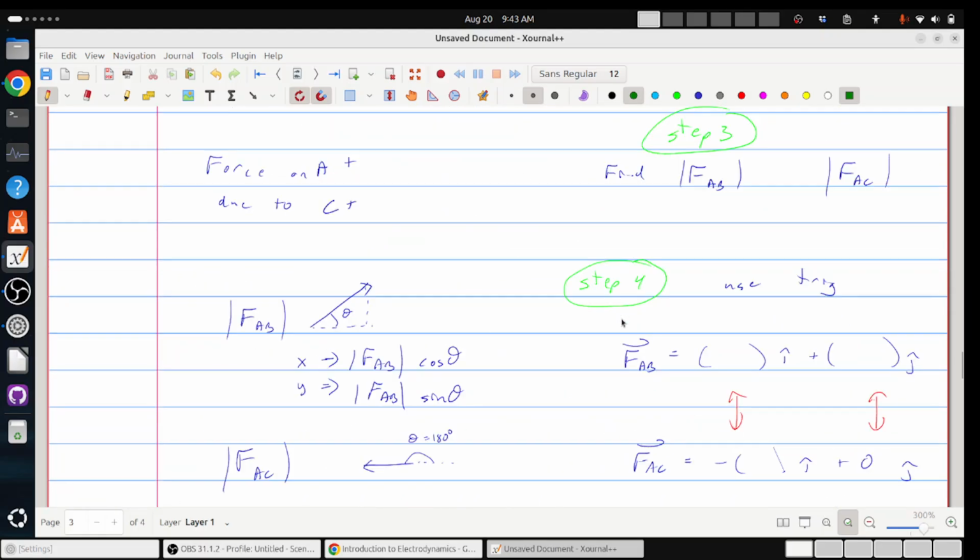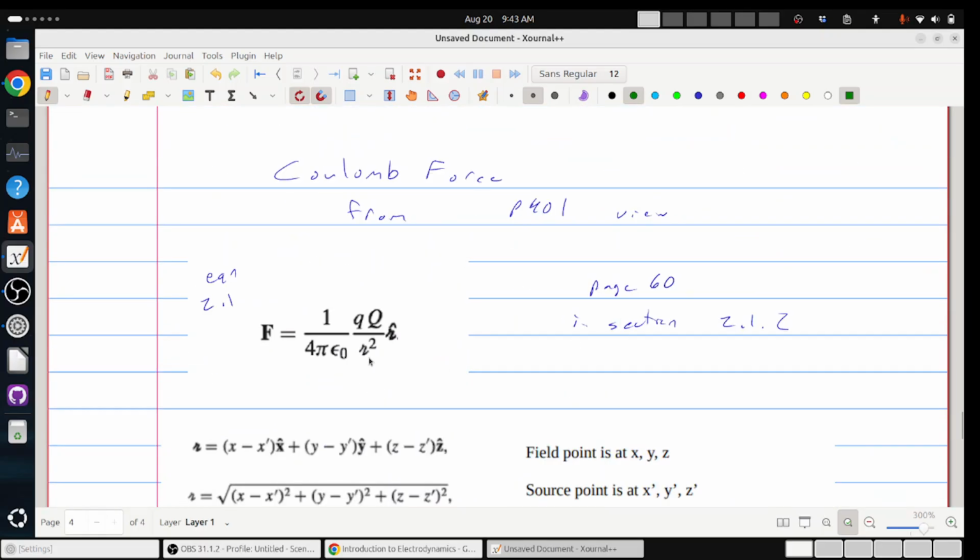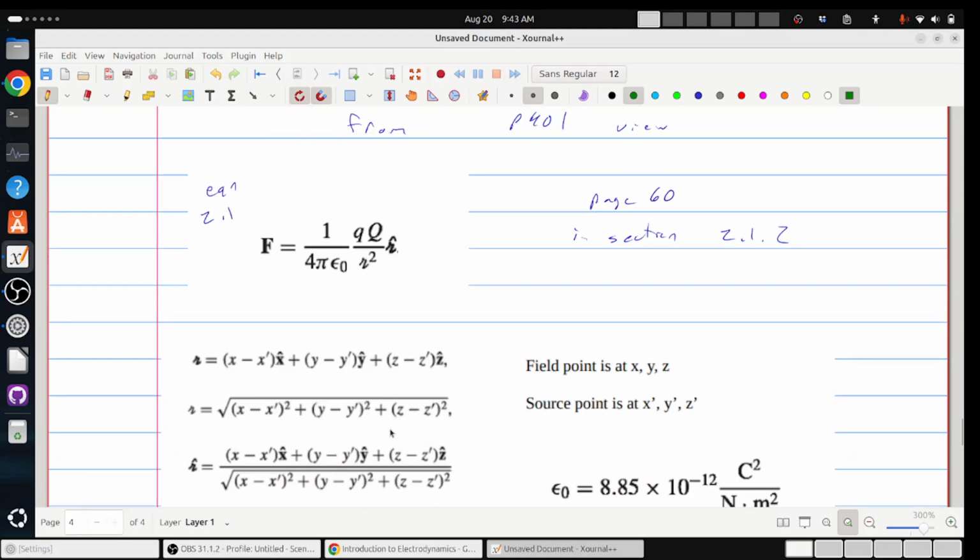So in this equation, this R script, so it's kind of a cursive R, is our separation distance. That's how we used little r previously.